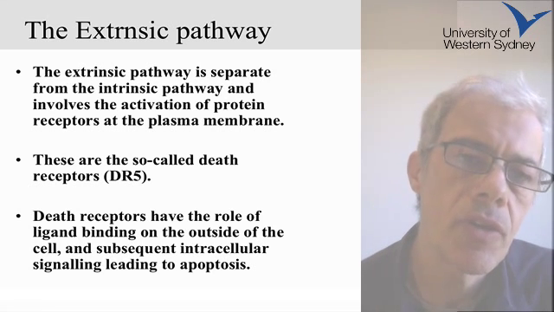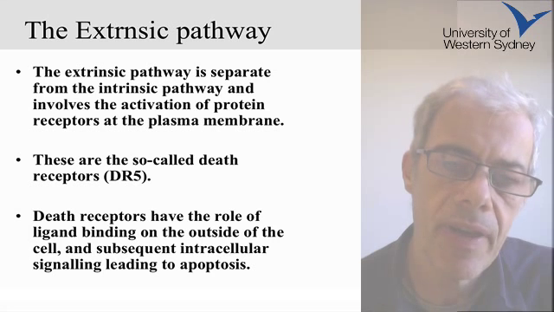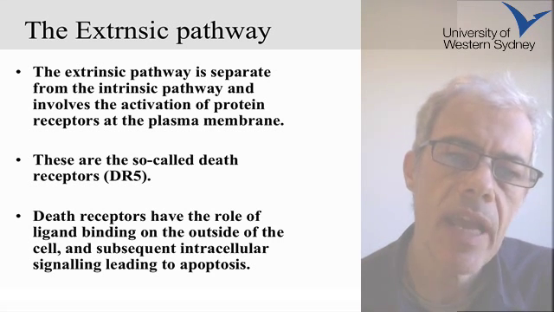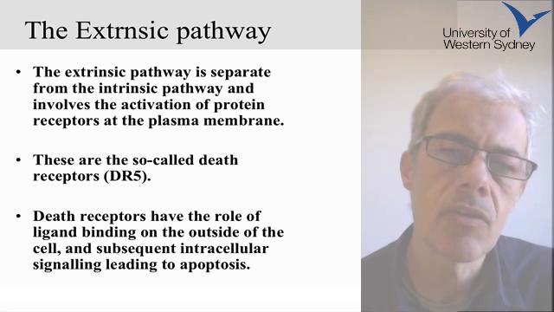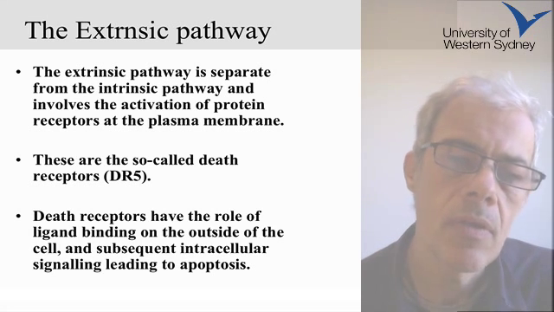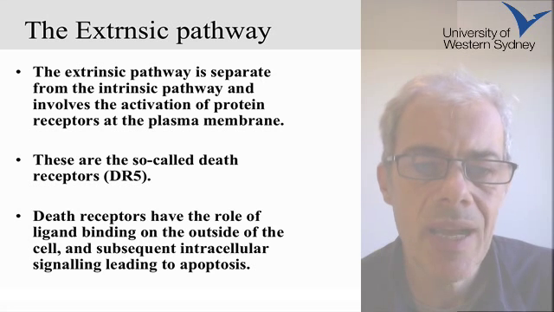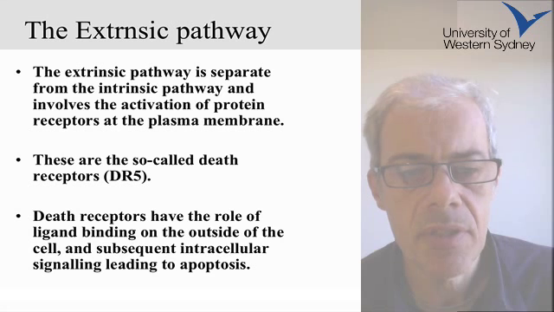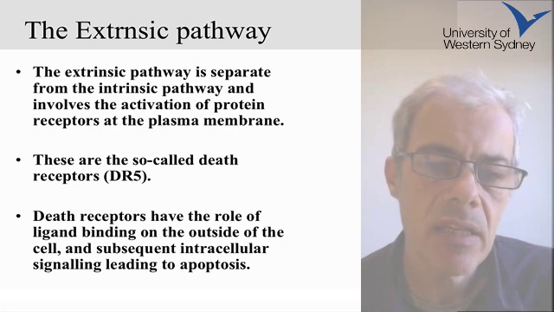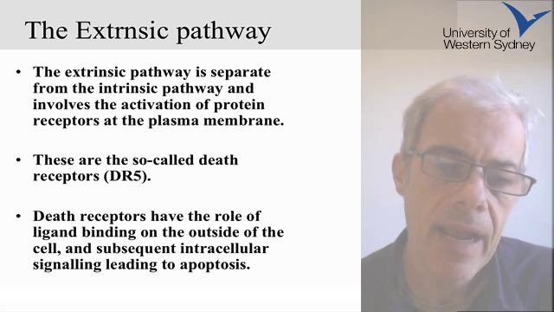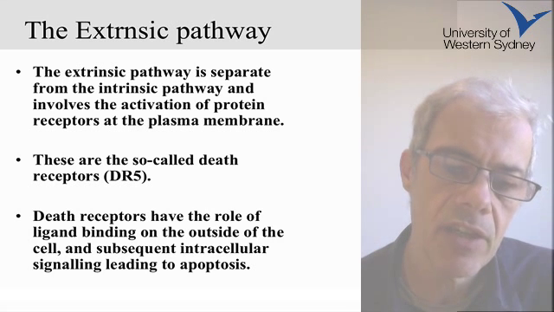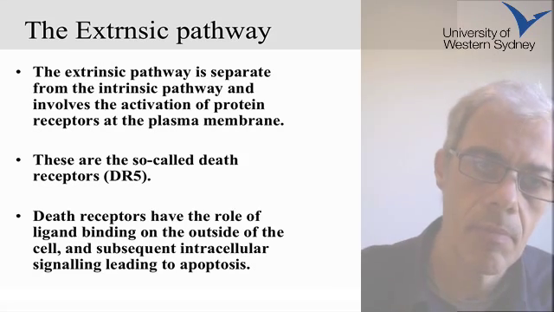Apoptosis can also be triggered by extrinsic factors. This pathway involves a plasma-based receptor. These receptors are referred to as death receptors, and these receptors effectively bind an external ligand and trigger a transduction leading to the activation of apoptosis.